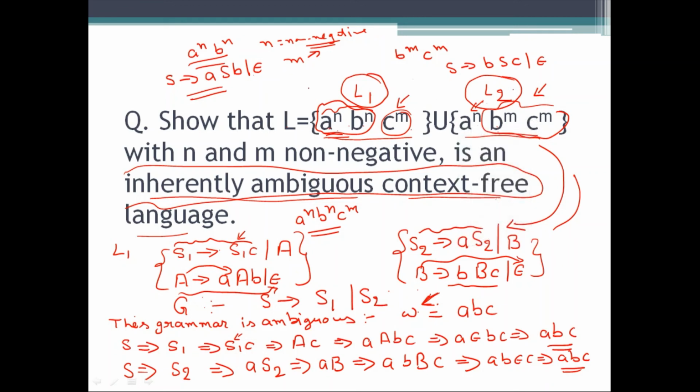So due to these conflicting requirements, you are not going to produce any other grammar which is producing this language. You can try it. That's why we call the language generated by this grammar ambiguous, and for that reason this language is an inherently ambiguous context-free language.